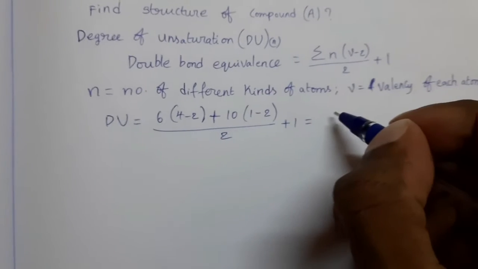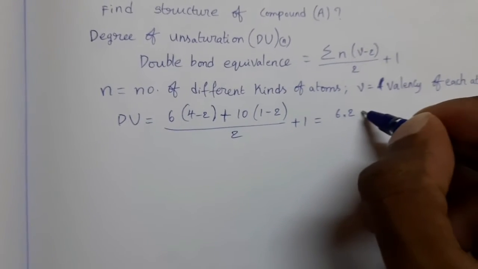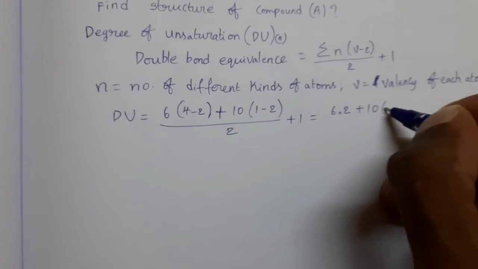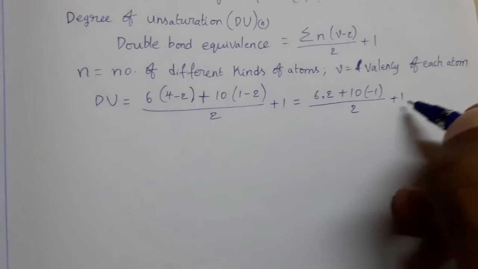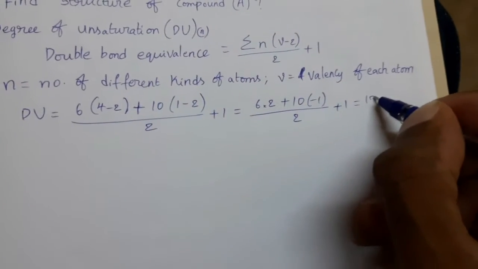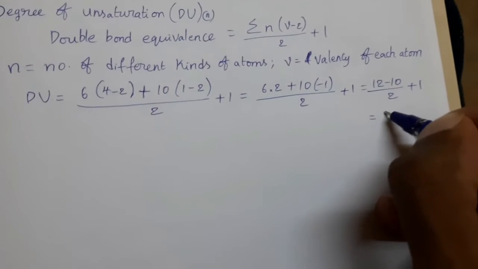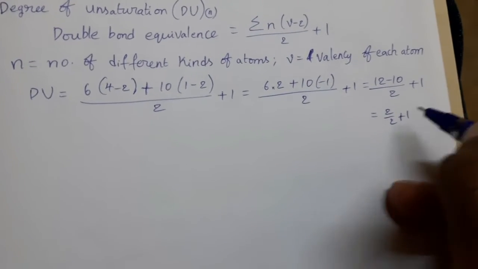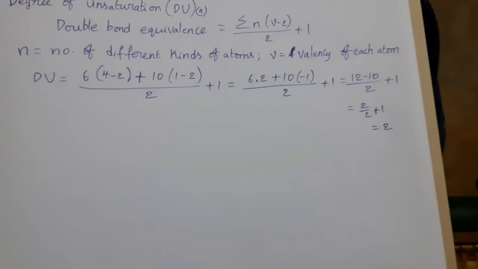That equals 6 into 2 plus 10 into minus 1, divided by 2, plus 1, that equals 12 minus 10 by 2 plus 1. So the degree of unsaturation is 2.